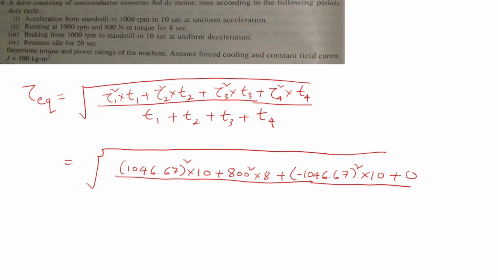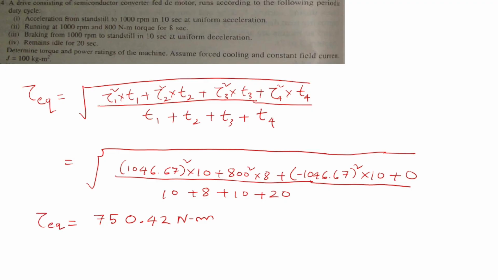The rest is 0. The total time will be 10 plus 8 plus 10 plus 20. If we solve this, we'll get 750.42 Newton meter.